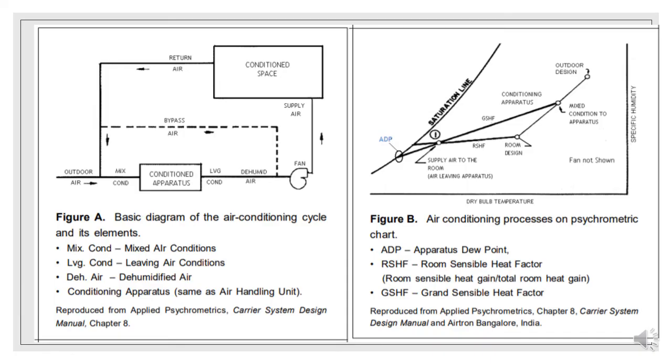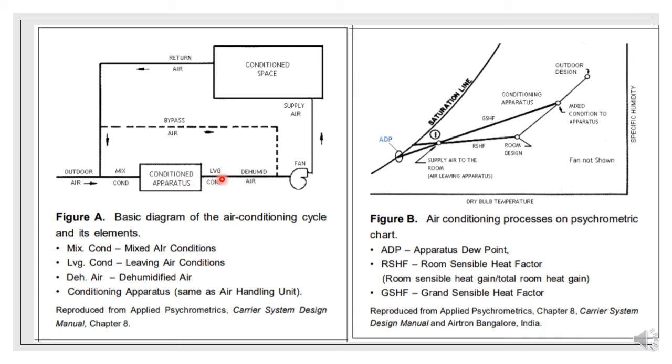Okay, now we have this basic diagram of the air conditioning cycle and its elements. Basically, I know you know already, but just to recap, we have outdoor air and the mixing box, whereby the outdoor air and also the return air are mixed before they enter the conditioning apparatus or AHU.